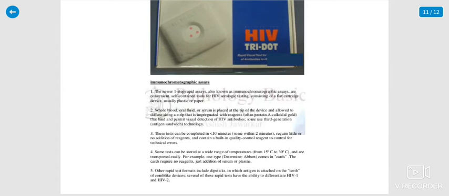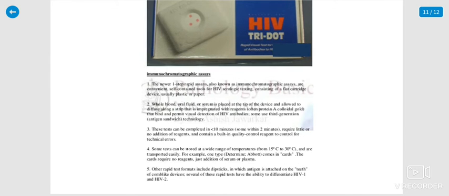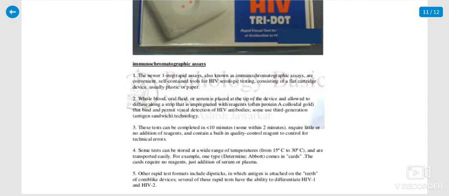At the same time, other rapid test formats include dipsticks, in which antigen is attached on the teeth of a comb device.